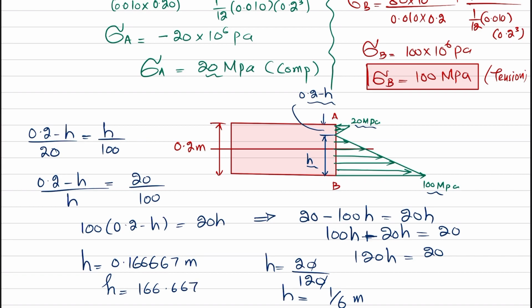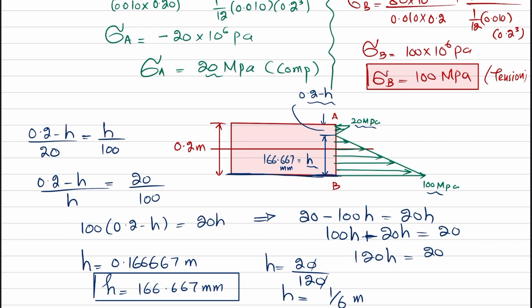166.667 millimeter. So it means that below this line, this portion of the plate, h will be equal to 166.667 millimeter.